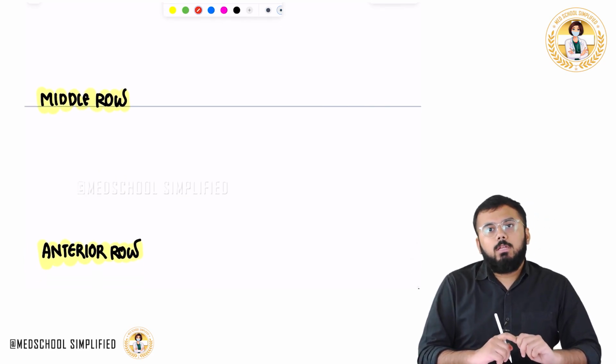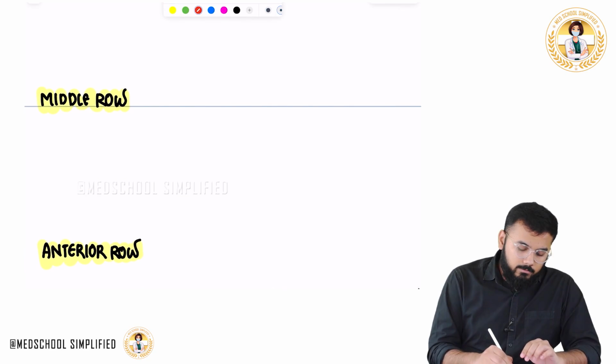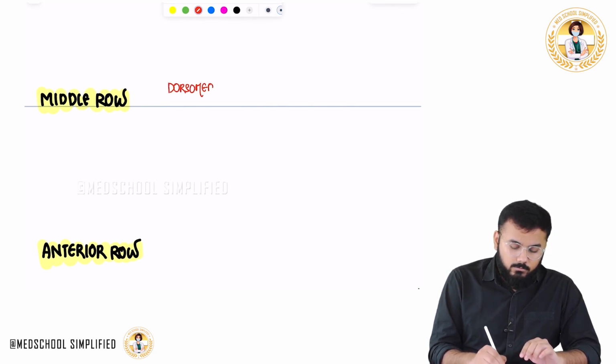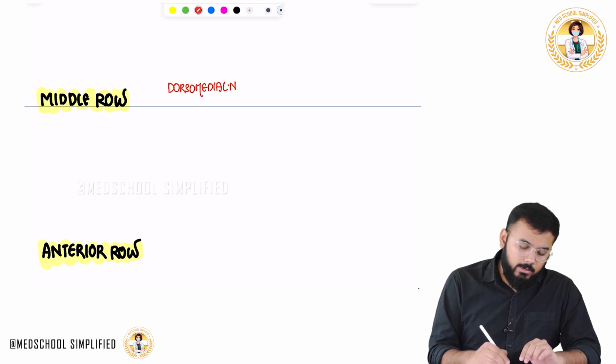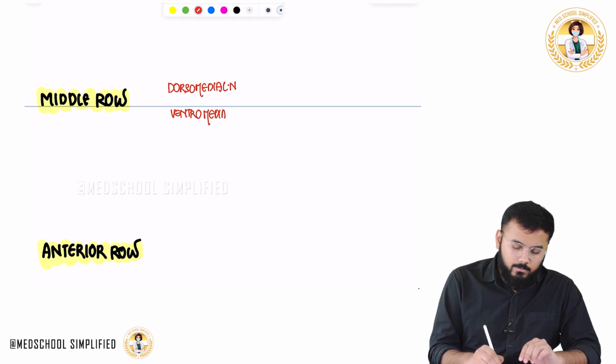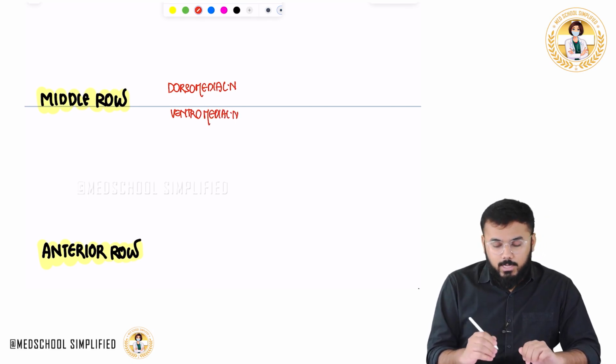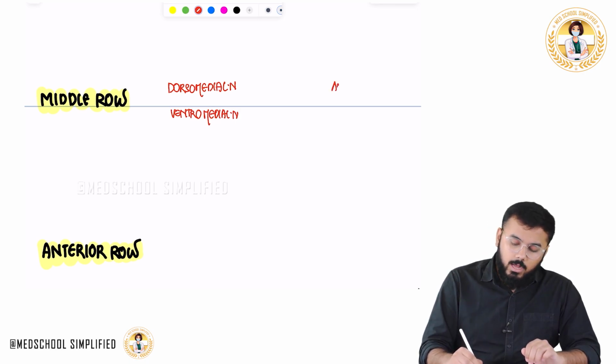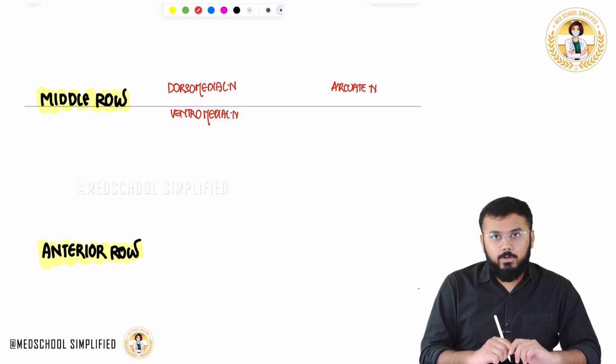One is the dorsomedial nucleus and the other is the ventromedial nucleus. When it comes to the lateral side, here we have the arcuate nucleus.